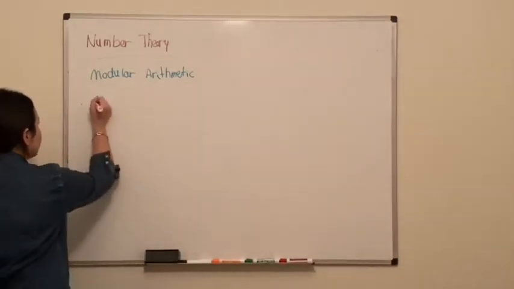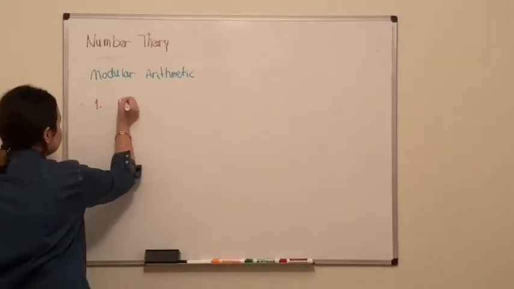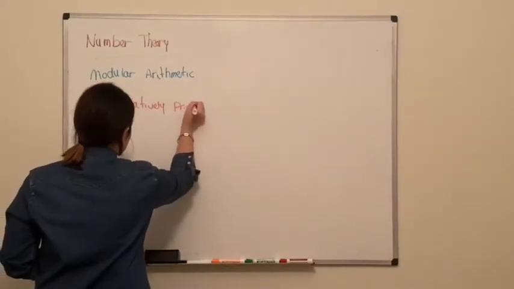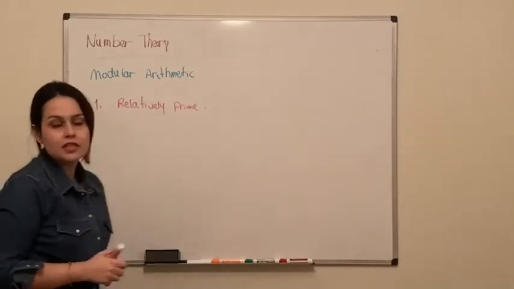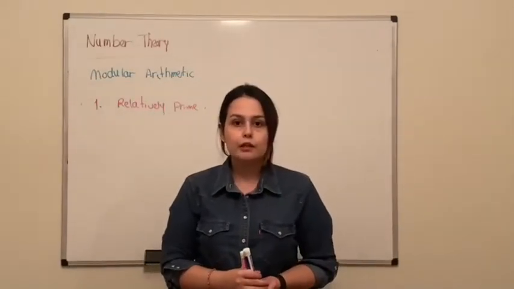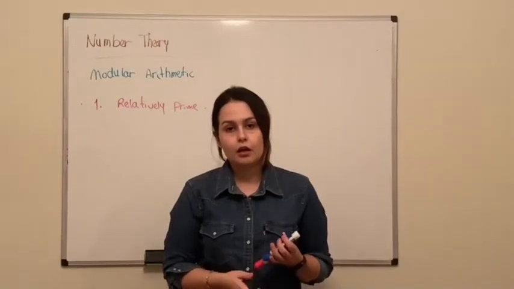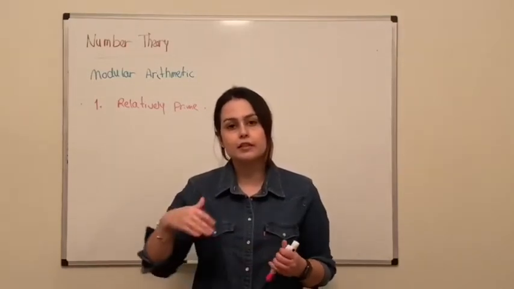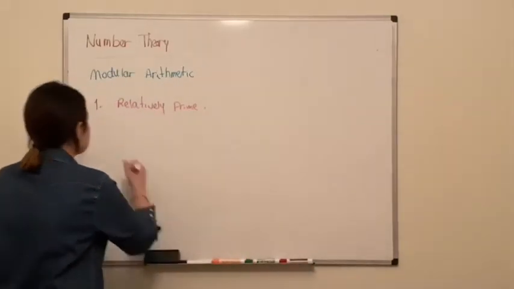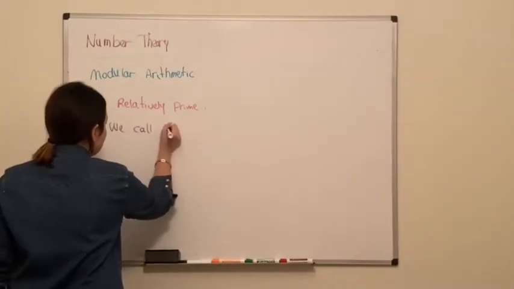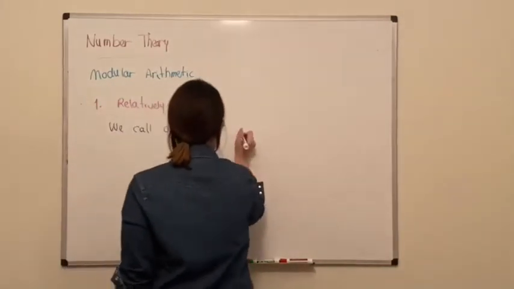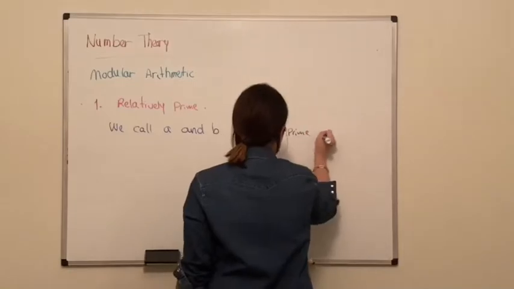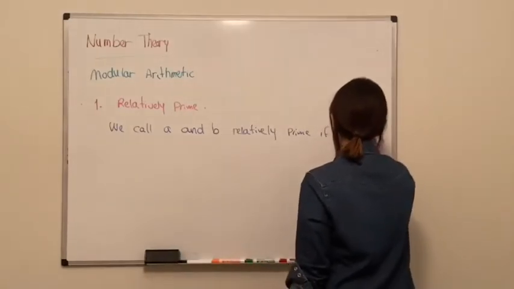The first definition is about relatively prime numbers. We call 2 numbers a and b relatively prime if they don't have any common divisor, or there is no c greater than 1 such that c divides a and b both.